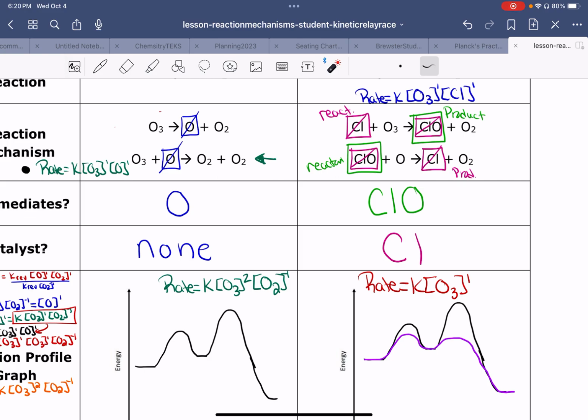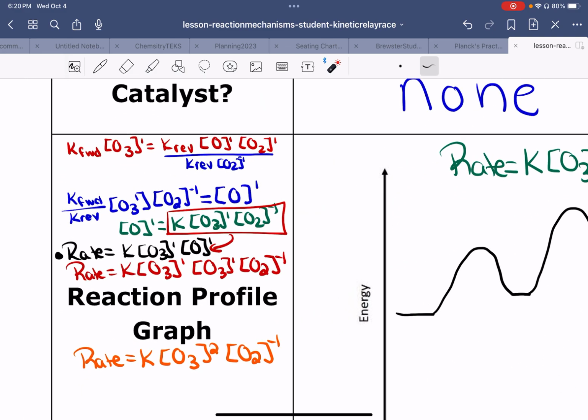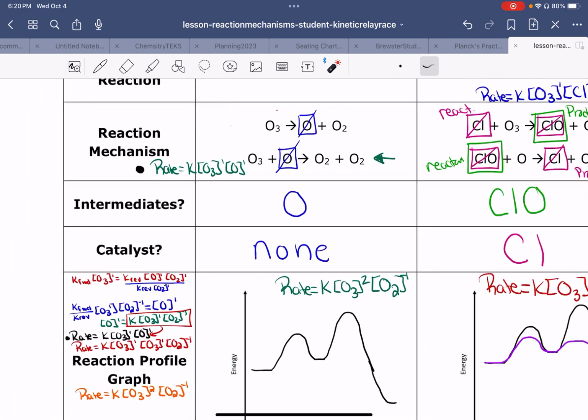Now it asks, if the second step is slow, how am I going to write that rate law? So I put it over here in the margin. My K forward times O3 to the first equals my K reverse times O times O2.